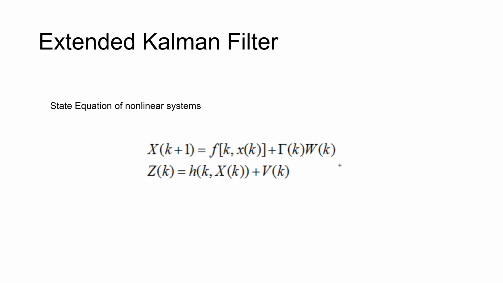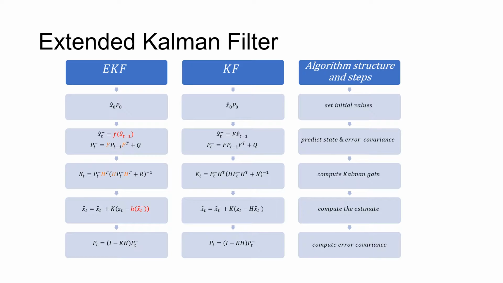Shown in the figure, the right side is the algorithm structure and steps of the classical Kalman filter we're already familiar with. And the left side is of the extended Kalman filter, where we can see the red areas are different.